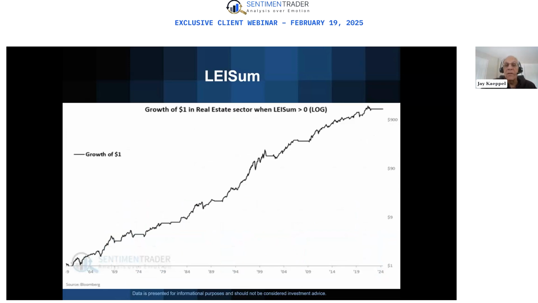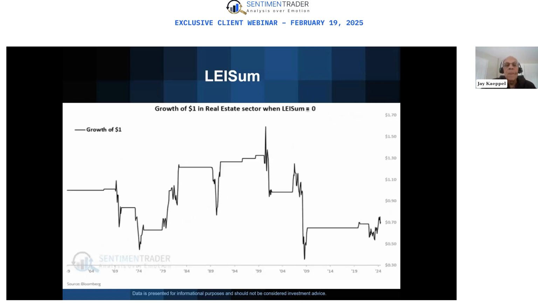We notice exactly what I look for, lower left to upper right. So right now, with this back to a level of 3, that would suggest good things ahead for the real estate sector. Does that mean it's going to immediately explode and rally 20% in the next 6 months? No, but at this point now, I'm giving it a favorable look.